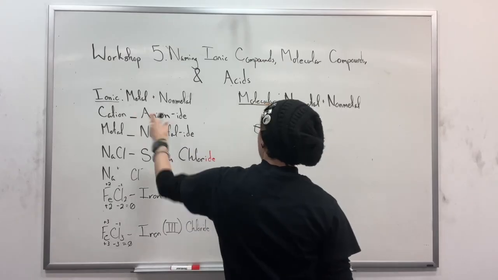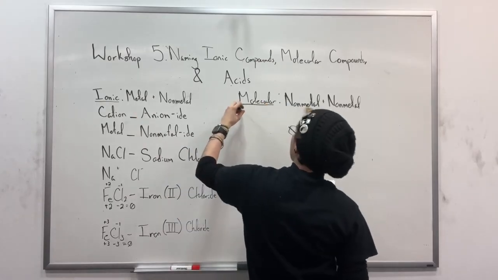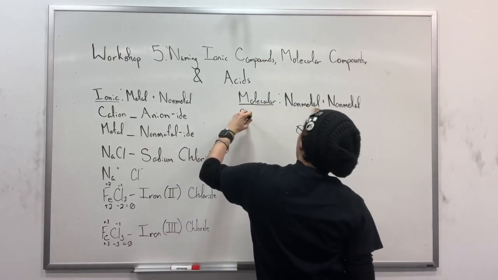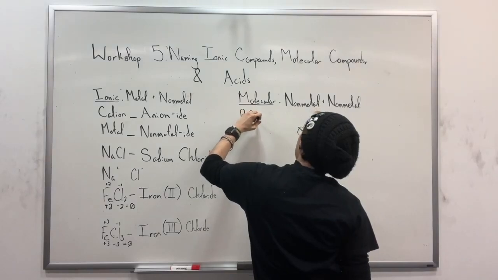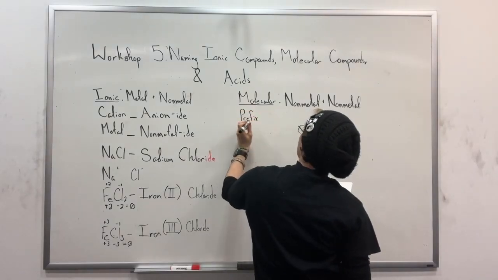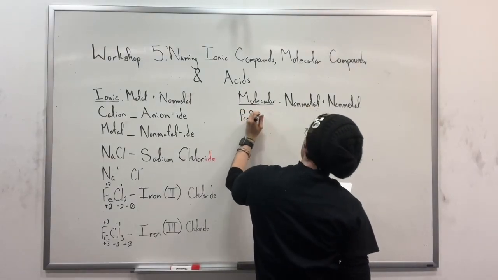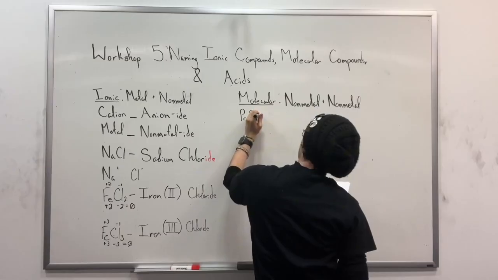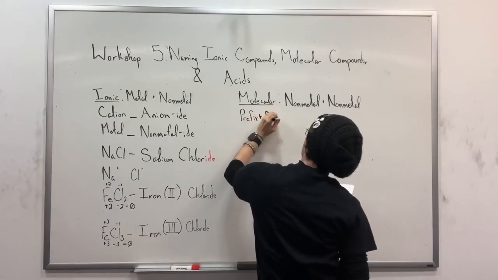And so to follow the general naming order, you're going to have a prefix plus first nonmetal, just whichever one appears first in the order.